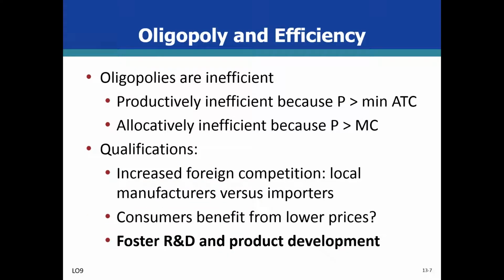As with monopolistic industries, oligopolies are inefficient. They price above their minimum average total cost, and their price is above marginal cost. From an economist's perspective, these are production and allocation distortions.